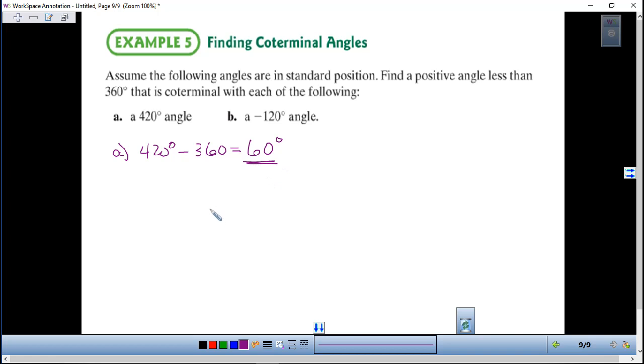There's my angle. Now, if we had part B, we've got negative 120 degrees. That is not positive, so we've got to get it back positive, so we're going to add 360. If we add 360, we're going to end up with 240 degrees as our coterminal angle.